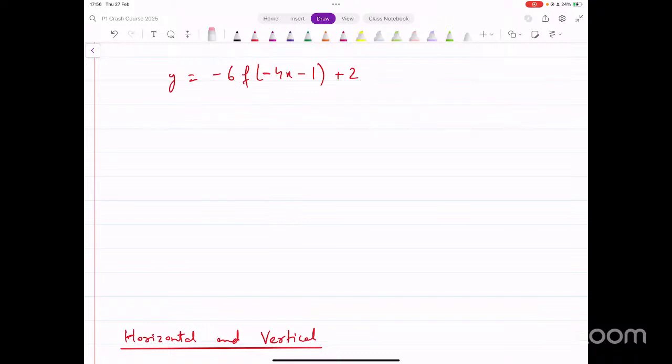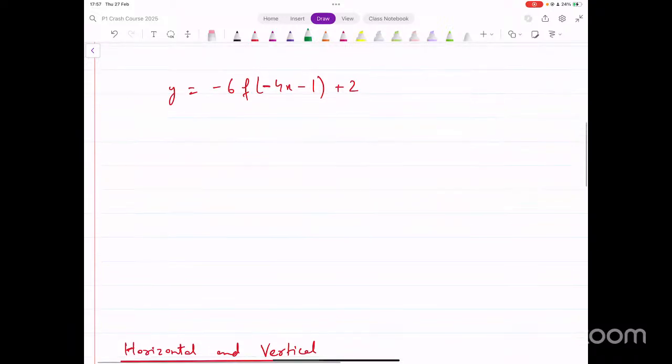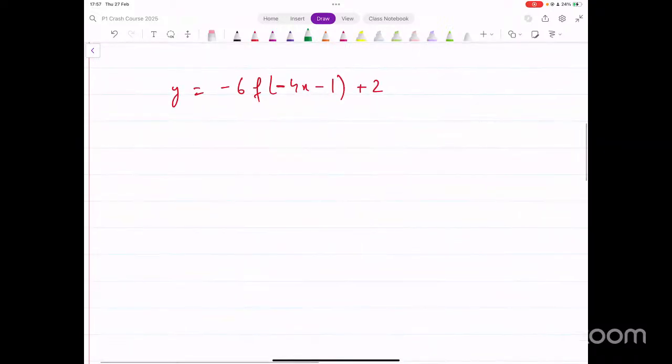Now, between horizontal and vertical, the order does not matter. So you can start from either vertical or horizontal, and that would not matter. Now, within vertical and within horizontal, the order does matter.